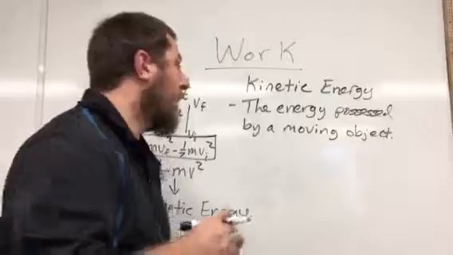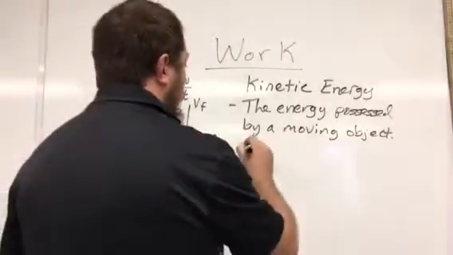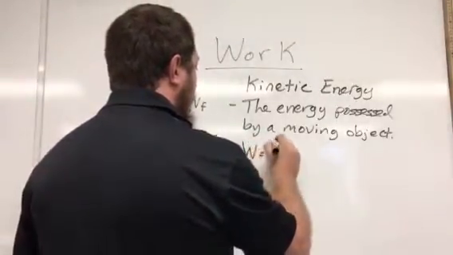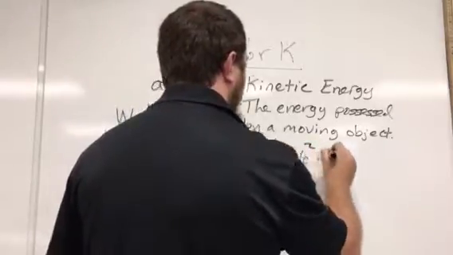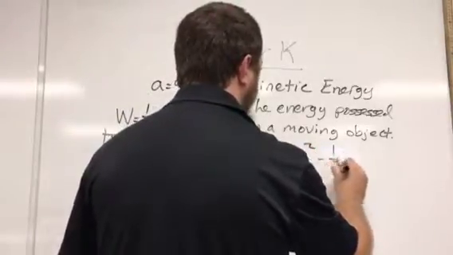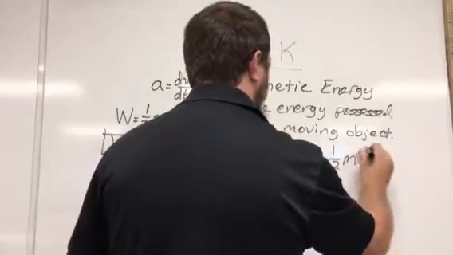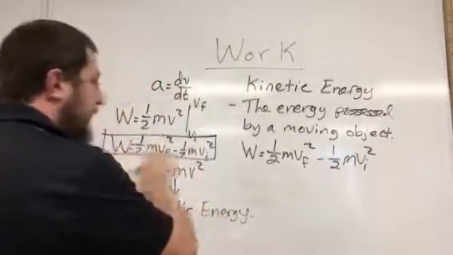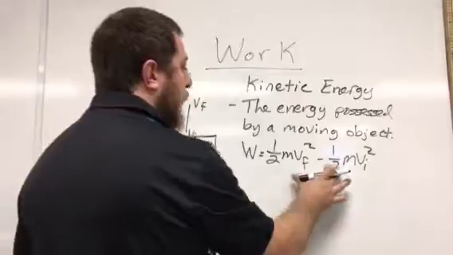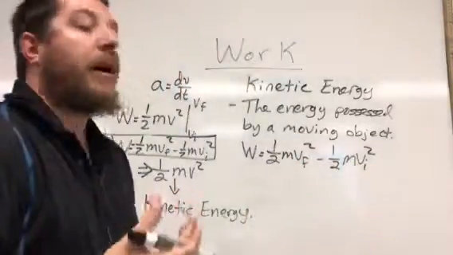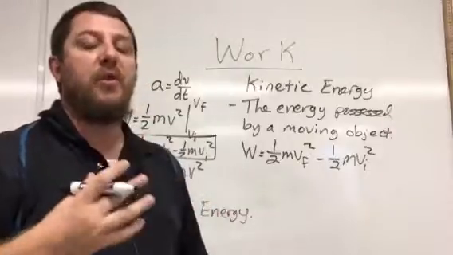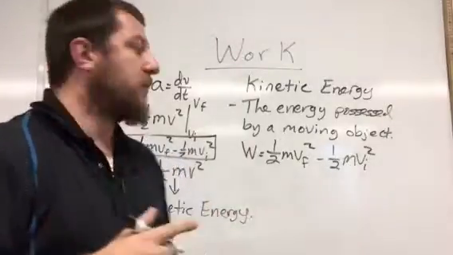Now we know that work is equal to the final kinetic energy minus the initial kinetic energy. That's exactly what this equation says. But a final minus an initial quantity is just a delta.